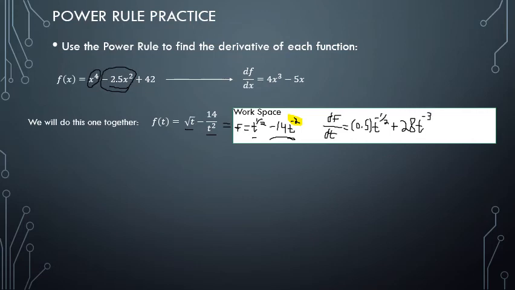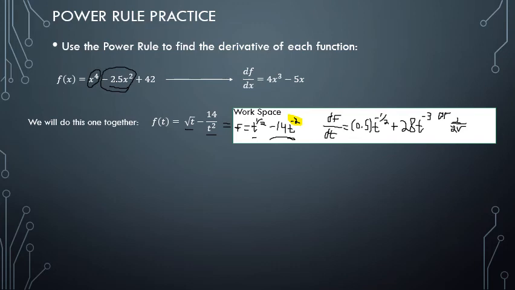So the derivative of that function is 1/2 times t to the negative 1/2 plus 28t to the minus 3. Another way to write that would be 1/2, right? 0.5 is 1/2. And when you have a negative exponent, you can put it in the denominator.